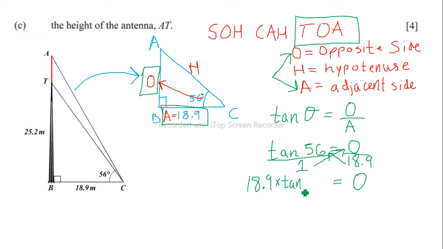That's what O is. So O is going to be equal to 18.9 times tan of 56.